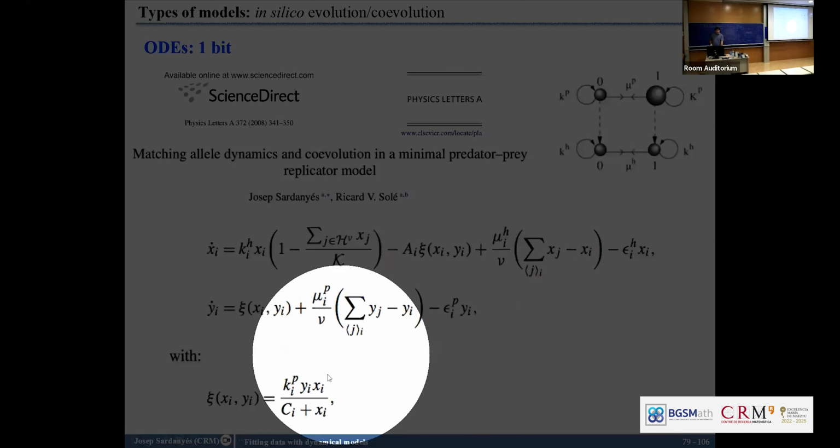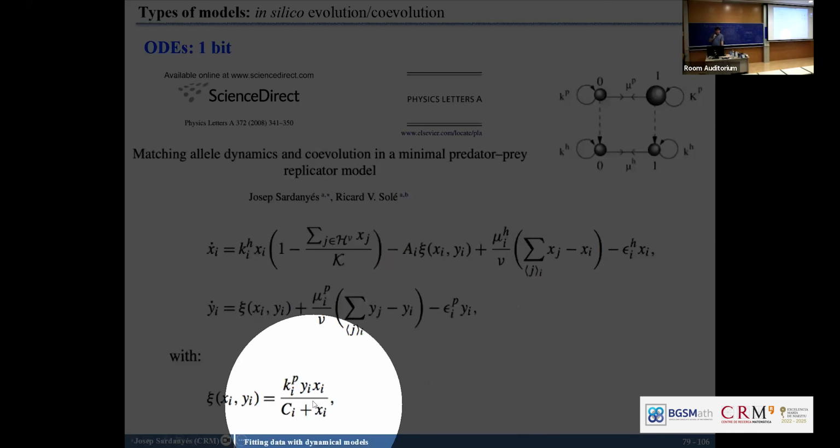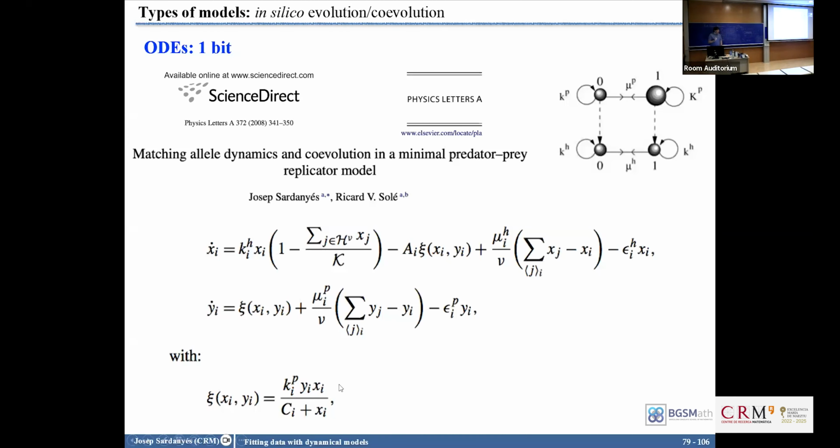Here we didn't exactly implement the Holling type 2 function, because it is not trivial to do. But what I did is, if I have a predator, for example 1 bit, predator 0, I choose a random neighbor, and if this predator 0 matches with the prey 0, the predator eats it, so this one disappears, and I put another one in a random place with some probability of mutation.